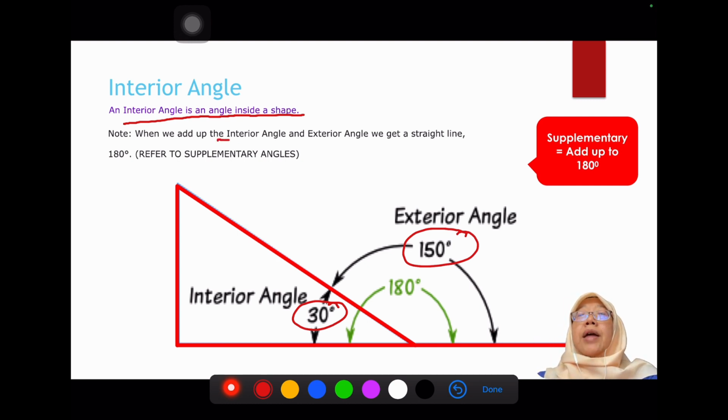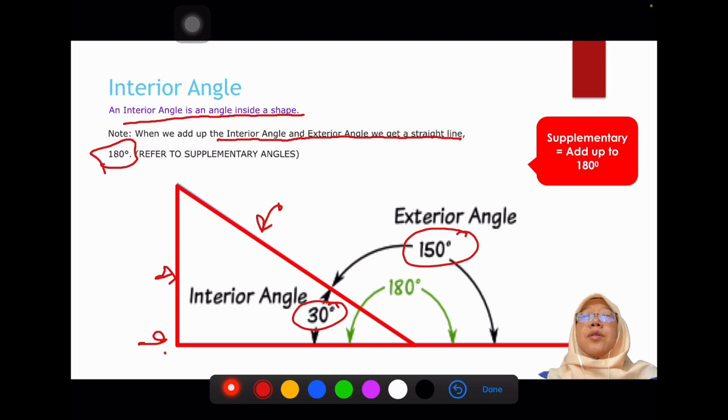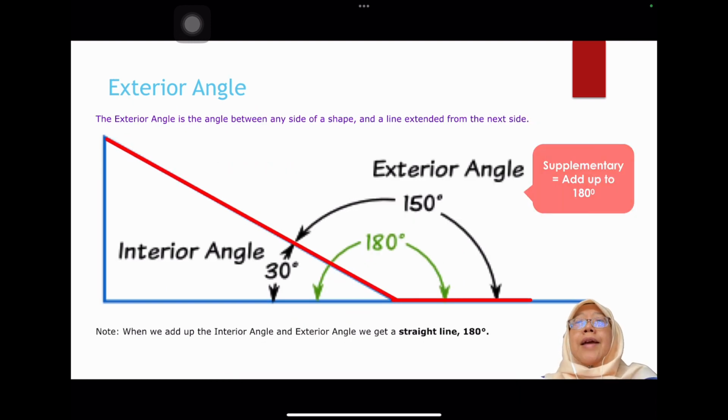When we add interior angle and exterior angle, we need to get a straight line, and the total must be 180 degrees because of the word supplementary.